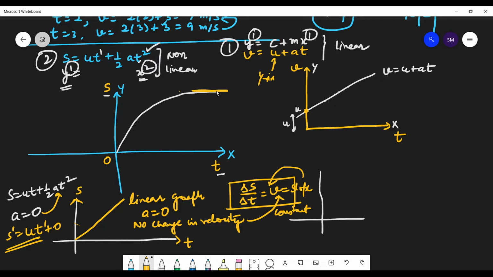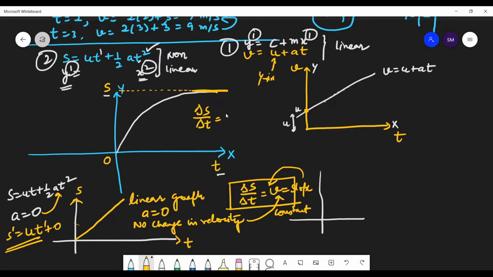So slope is 0 means... See, what is the slope of this graph? Delta S, displacement upon time. Same. What does the slope of this graph tell you? Change in velocity, the slope.